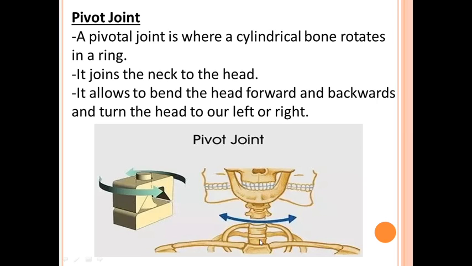The skull and the vertebral column join together with this pivot joint, and this allows your head to bend forward and backward, and turn left or right. Understood? The movement of your neck is due to the pivotal joint, which allows it to move from side to side and bend forward and back.